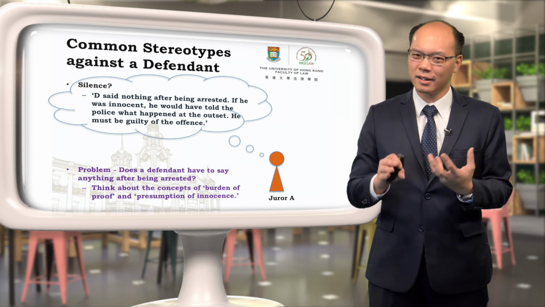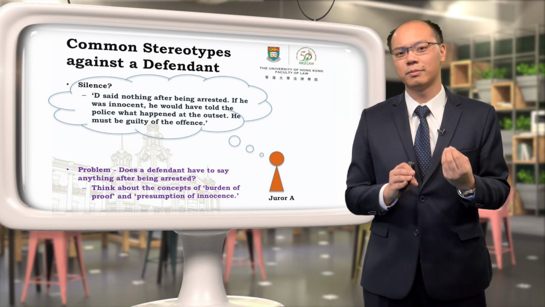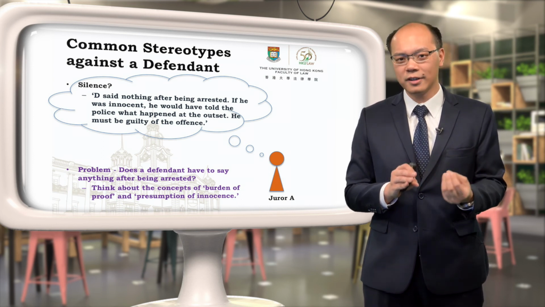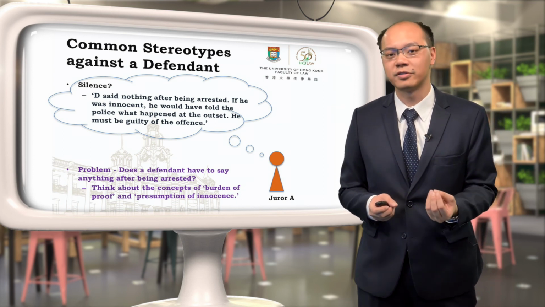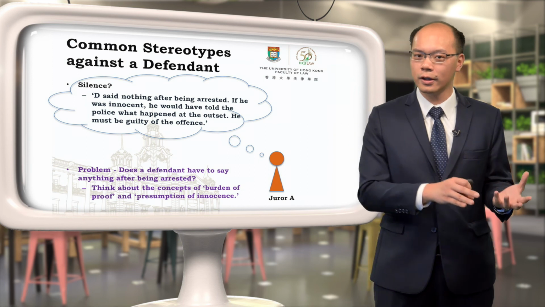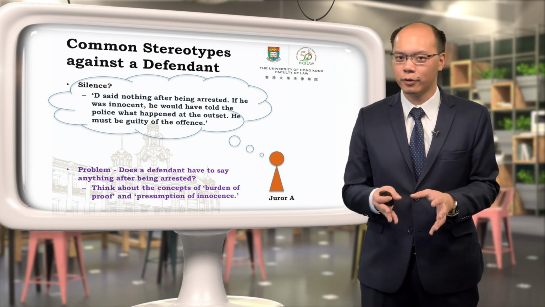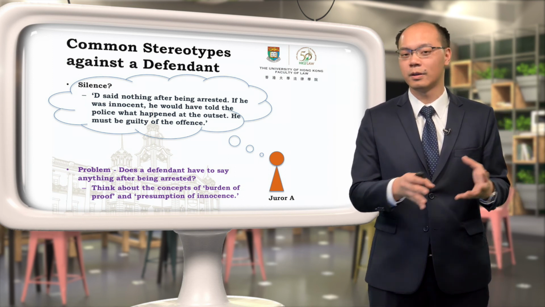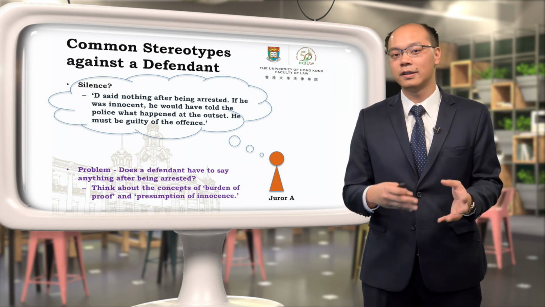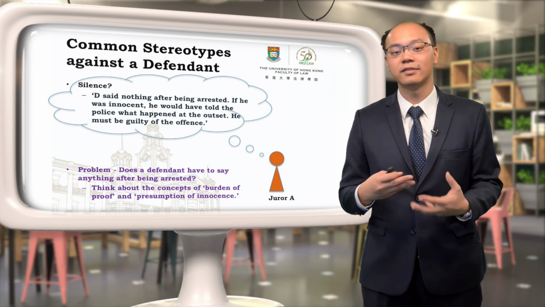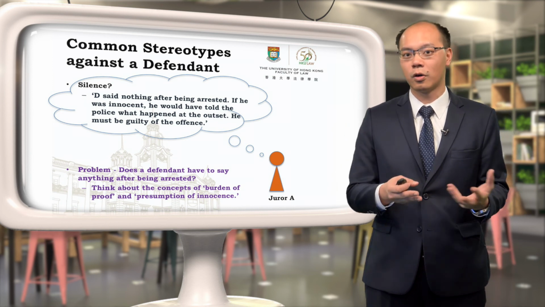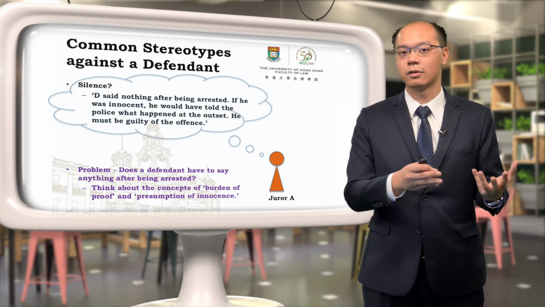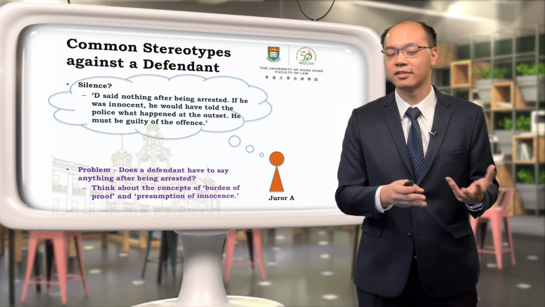but this particular presumption or stereotype runs against some of the fundamental principles in criminal proceedings. Remember I told you earlier that the burden of proof of proving guilt is on the prosecution, right? So the defendant does not have to show that he is innocent. He has no obligation to say anything to the court or to the law enforcement agencies arresting him.